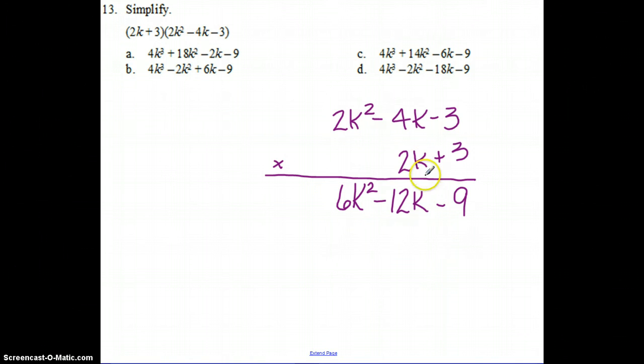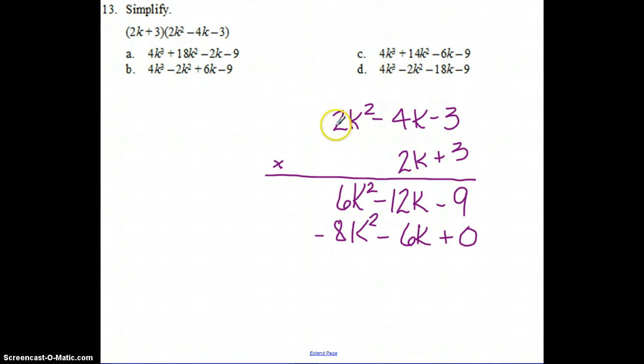Now, before I go to my 2k, I'm going to add my 0. 2k times negative 3 is negative 6k. 2k times negative 4k is going to be negative 6k squared. Oh, not negative 6, negative 8, my bad. Okay, fix that. There we go. So negative 8k squared.